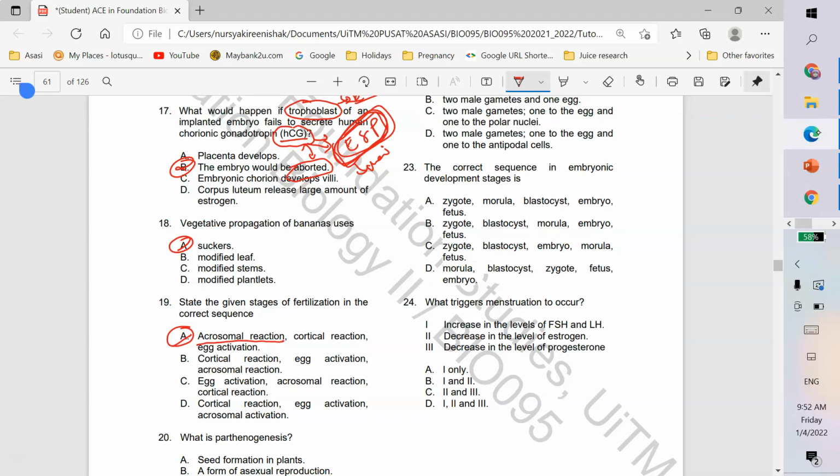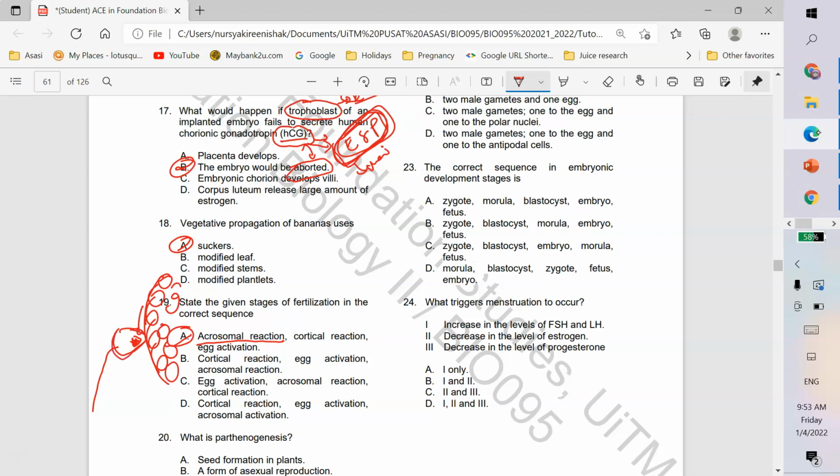What happened? What is acrosomal reaction? Acrosomal reaction tu yang sperm masuk dalam egg.